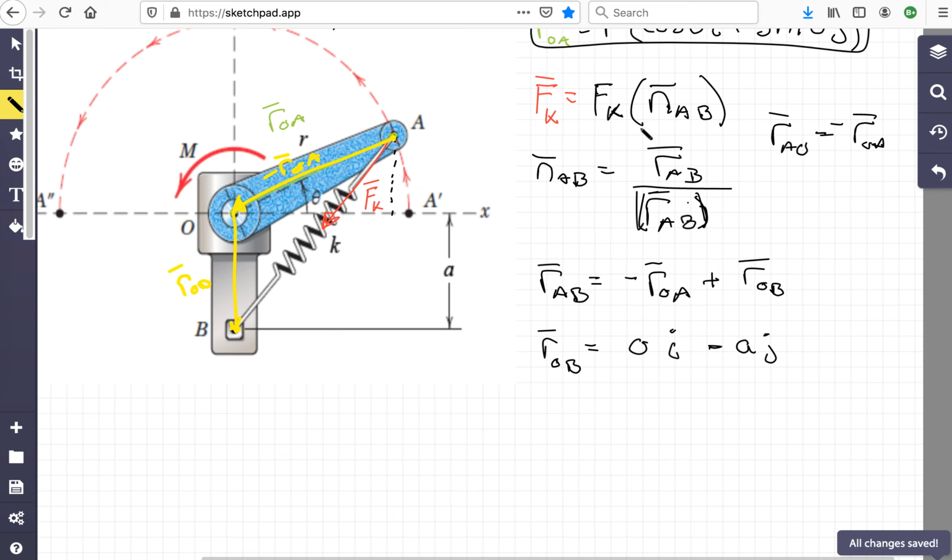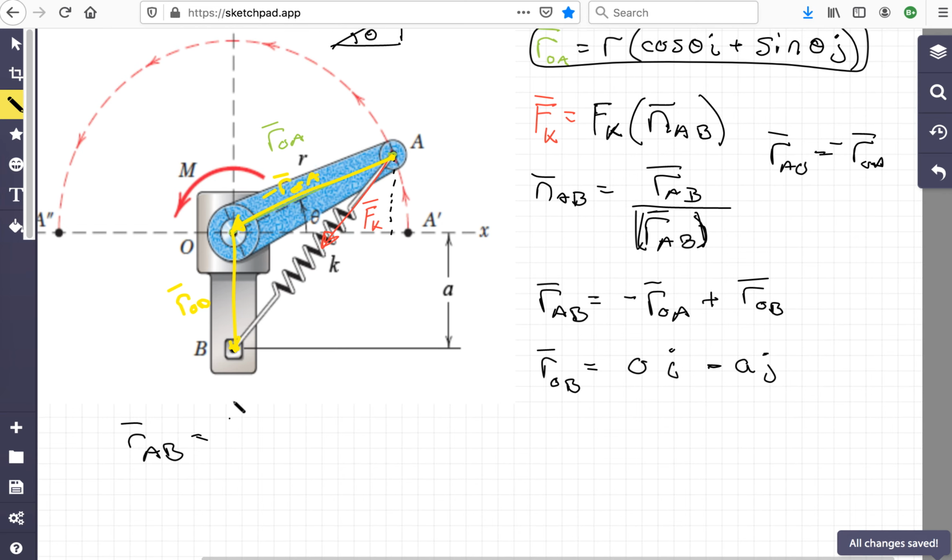So if we were to add them all up, the RAB vector is equal to negative r cosine of theta in the i, plus negative r sine of theta minus a, and that's in the j direction.